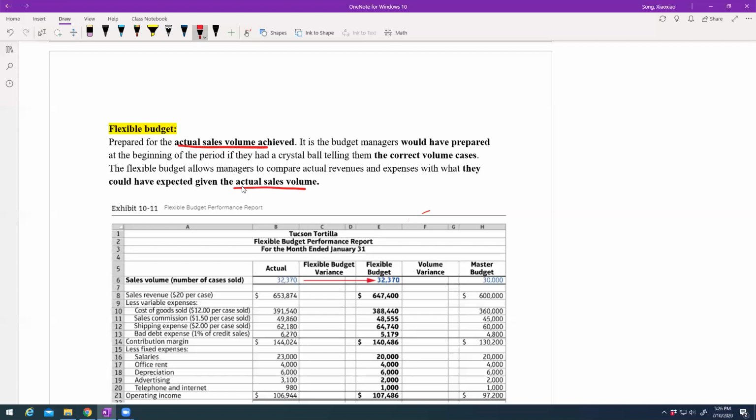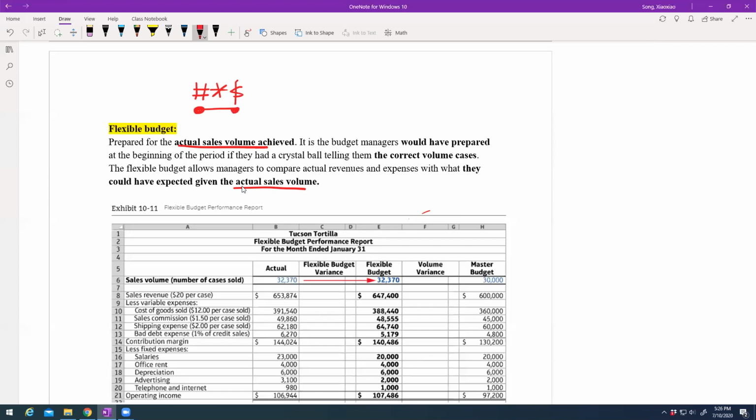As I said, for everything, it's the units times the dollar amount. For the revenue, it's the actual sales units times the price. For the variable cost, it's the actual units times the price of each unit. So for your overall dollar amount, it's the units times the dollar for each unit.